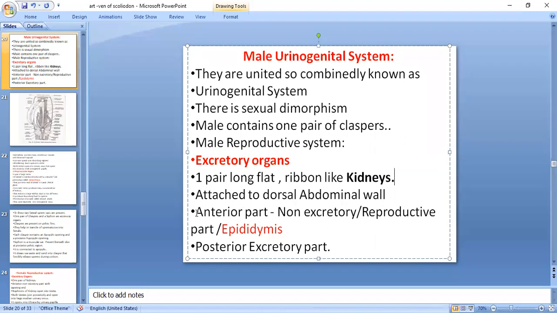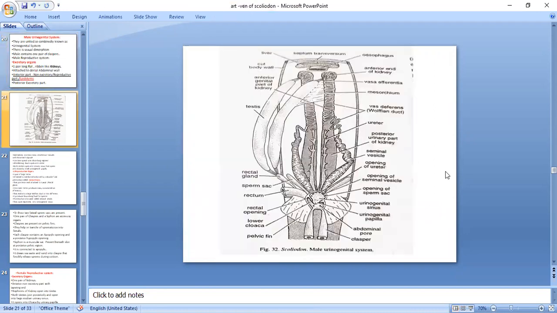And here this is interesting. The anterior part of the kidney is non-excretory, or it is related to reproduction, the so-called reproductive part. You can also call it the epididymis. I'll show the diagram.